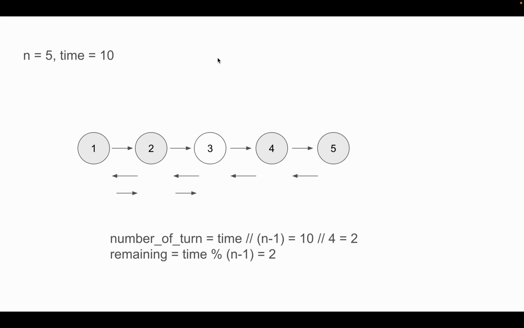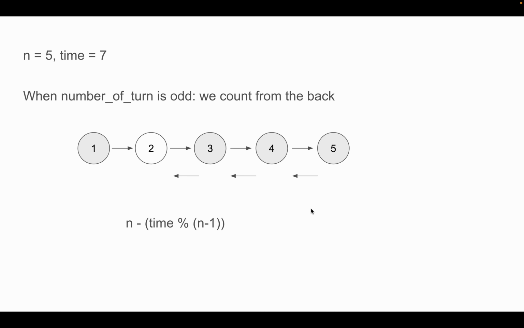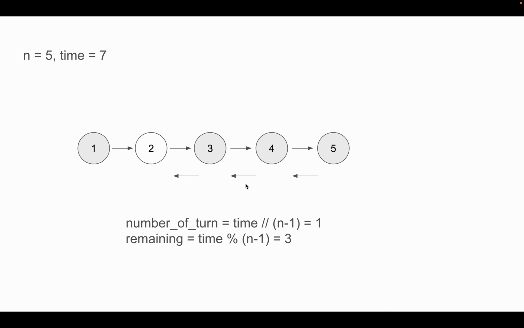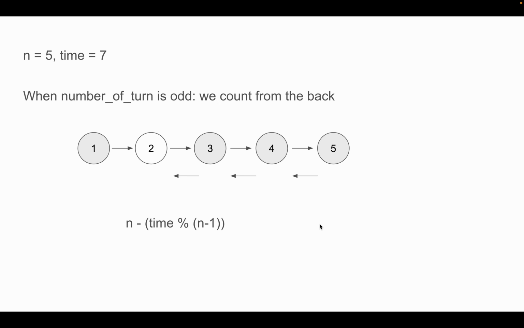We can do the same when it's even. We can also find the remainder by finding time mod n minus 1. So at the end, when the number of turns is odd, we count from the back. We found that the remainder for this is 3.